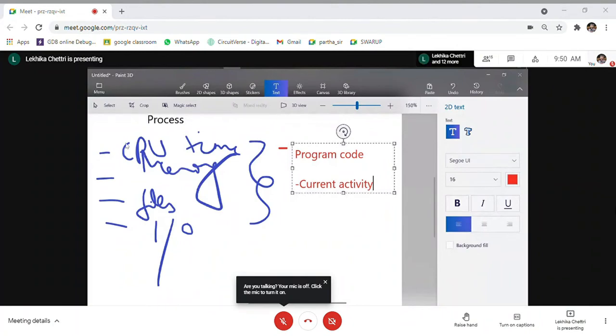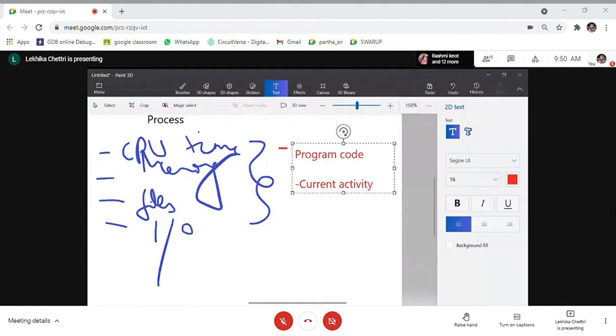For example, I'm using this process right now. That means it is there in my CPU. The moment I move out of this Paint and come to the browser like this, that Paint has been swapped out of the processor, and now this Google Chrome has been submitted to the processor for execution.